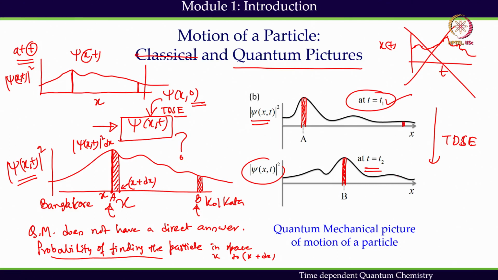So, if I consider this is Bangalore and this part is Kolkata, then we see that some probability is slowly moving from the Bangalore side to the Kolkata side, but there is always probability near Bangalore, near Kolkata. And this is a concept which we need to keep in mind in this quantum dynamics course. We will stop here and we will continue this module in the next session.